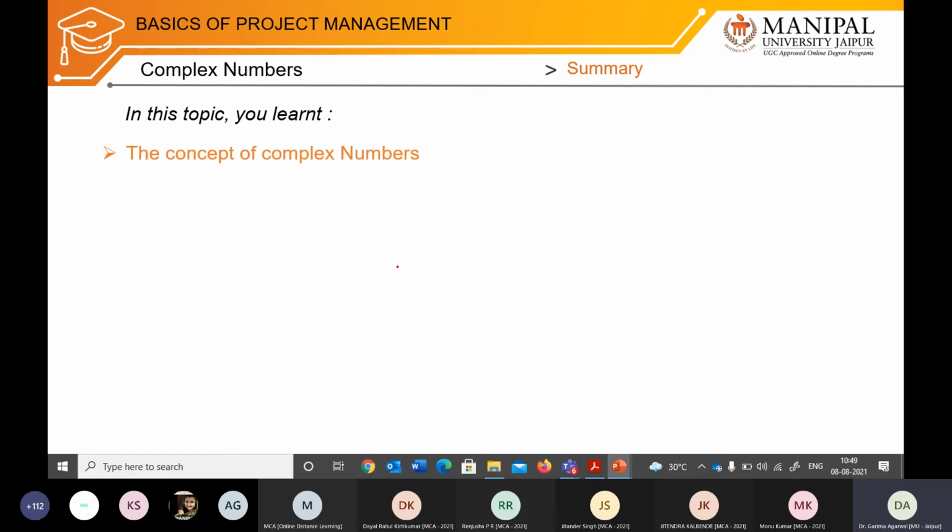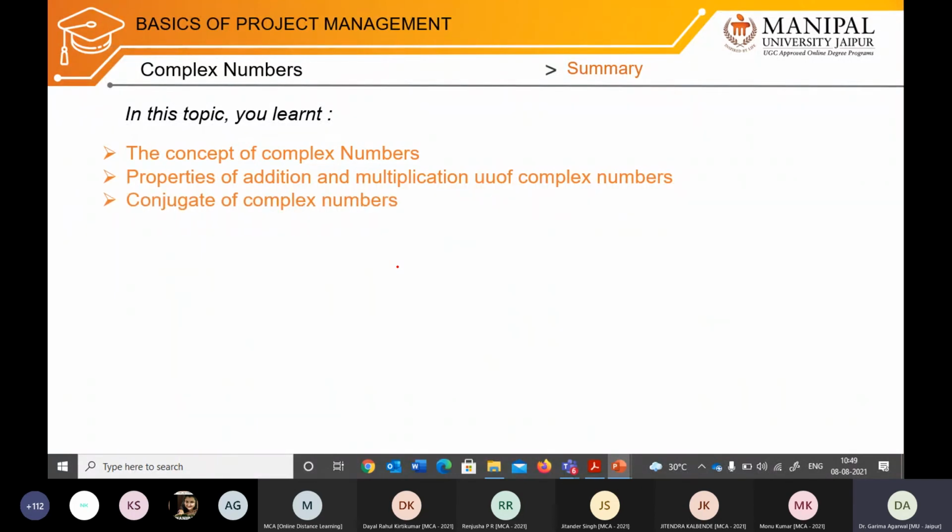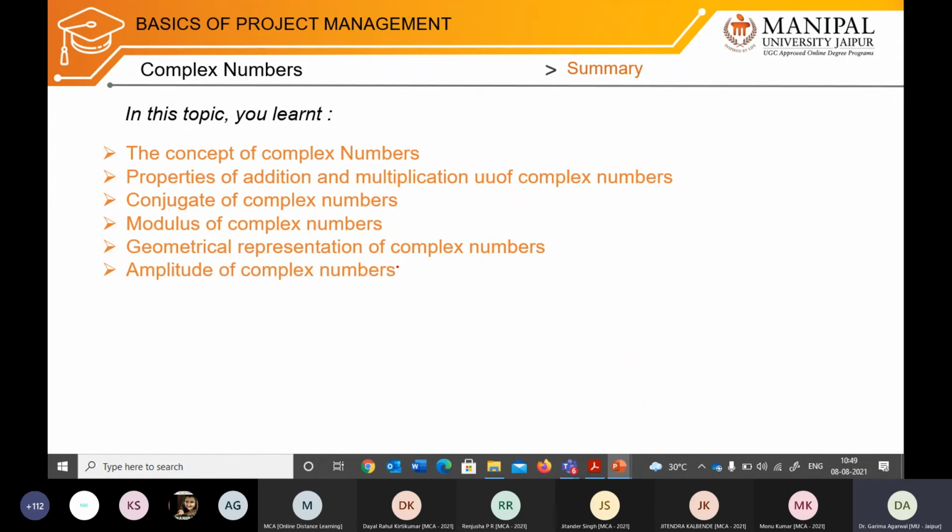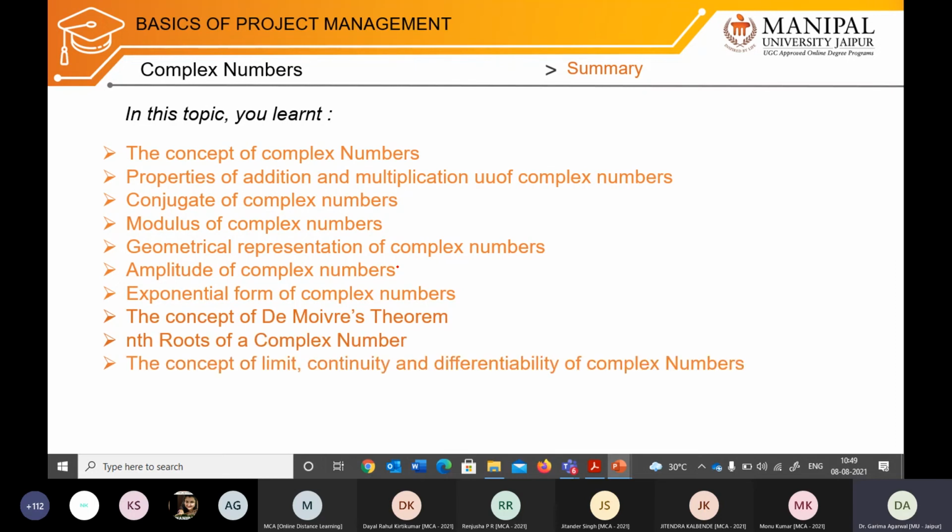So here in today's lecture we discussed the concept of complex numbers, addition and multiplication of complex numbers, conjugate of a complex number, modulus of a complex number, geometrical representation, amplitude of a complex number, exponential form, De Moivre's theorem, the nth root, limit, continuity and differentiability of complex functions and their properties.